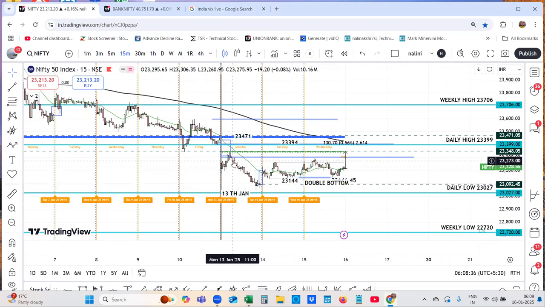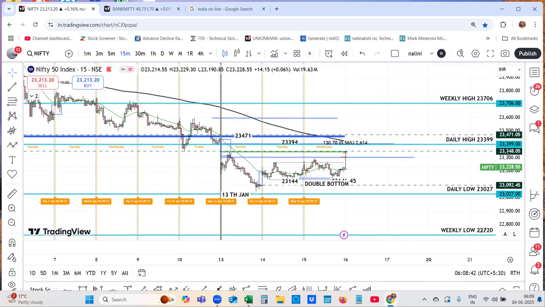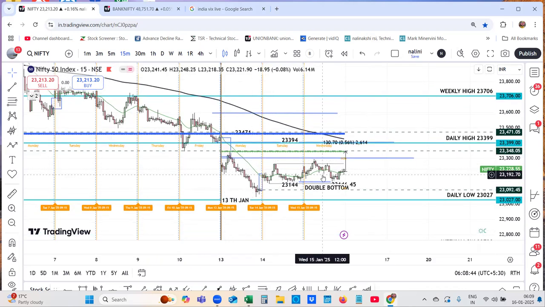So in a week, I've already enabled my template, Monday, Tuesday template. We have come to the Wednesday, Monday and Tuesday, Wednesday. Today is Thursday. Thursday's price action.